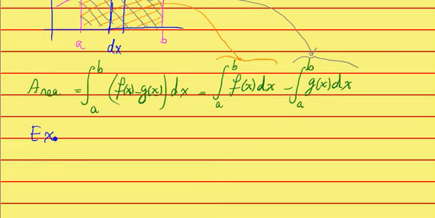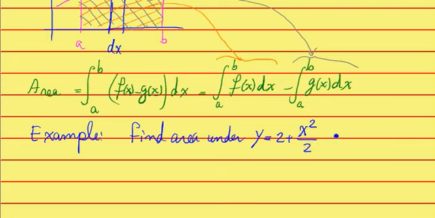Find the area under y equals 2 plus x squared over 2, or let me change my wording, and above y equals x squared, over the interval from -1 to 1.